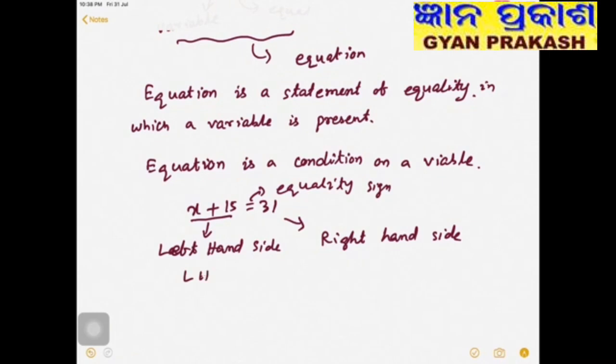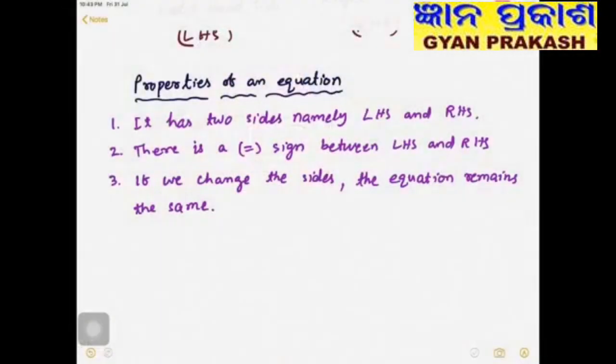In short we can call them LHS and RHS. So in an equation we have one left hand side, one right hand side, and in between them there is an equal sign.